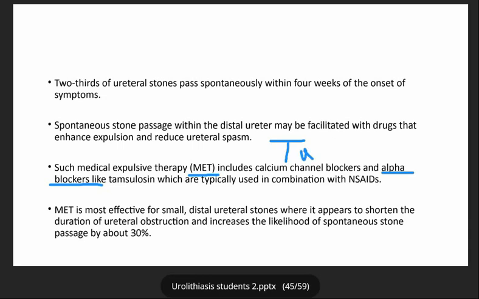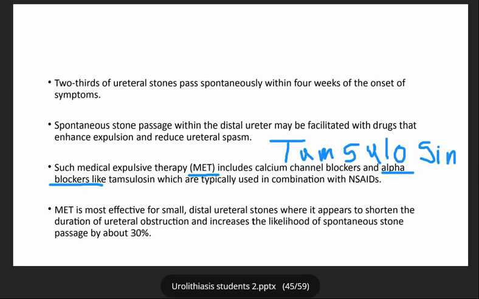You know tamsulosin, right? No, Doctor. We haven't taken it. It's tamsulosin, an alpha blocker, okay? And we usually use it for patients with BPH.